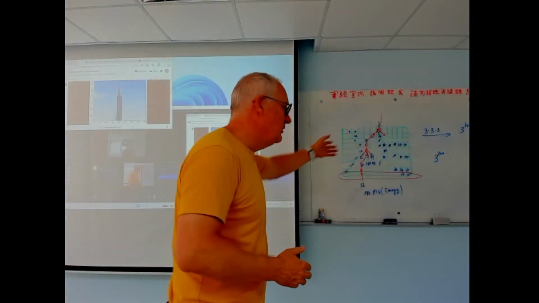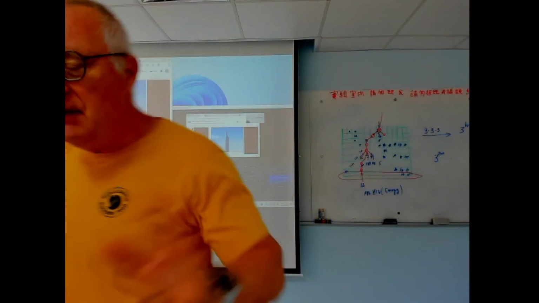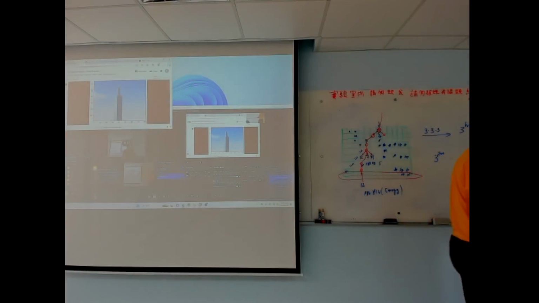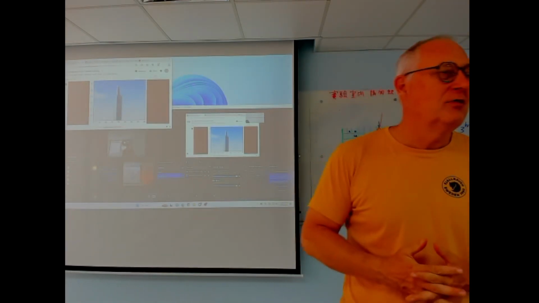So 3 to the 200 doesn't sound like much, but it is mind-blowingly large. And it doesn't matter whether you have one computer, 1,000 computers, a million computers, or billions and billions of computers, you're not going to be able to calculate this in the lifespan of billions of universes.